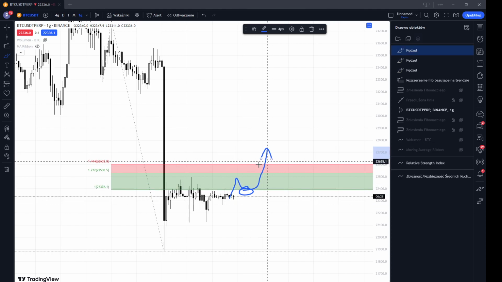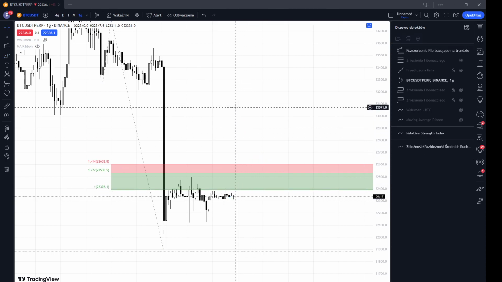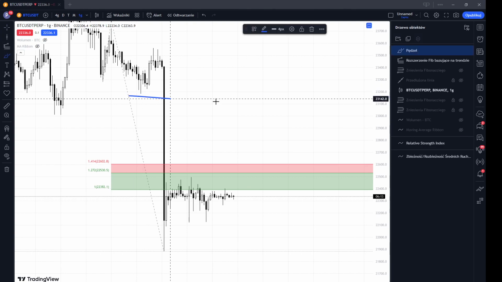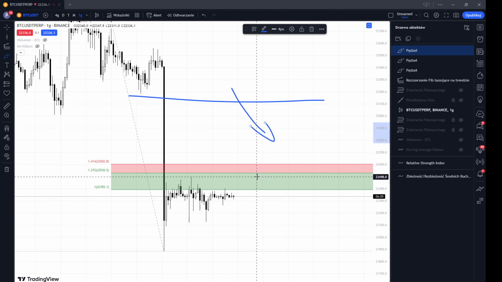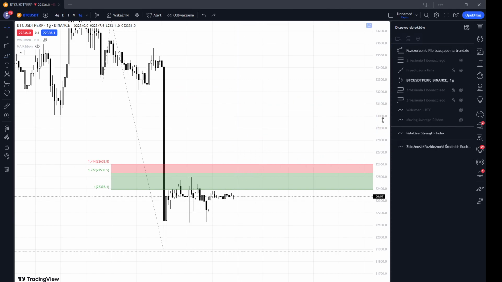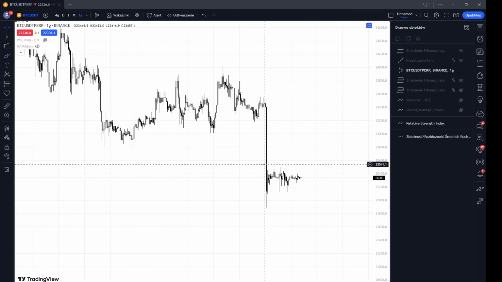And probably then we break this trend, we go above 1.414, and then we are back to these higher time frame correction levels. I think our short level was somewhere around here, and this is where the shorts will come in from. That's the scalp method I use.